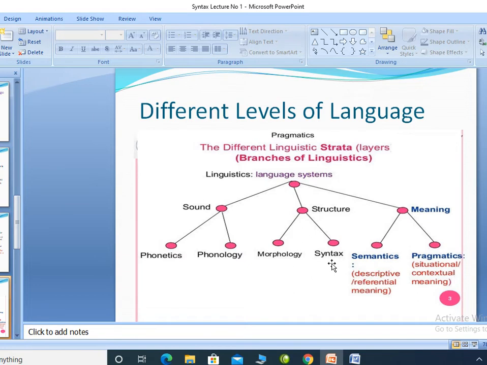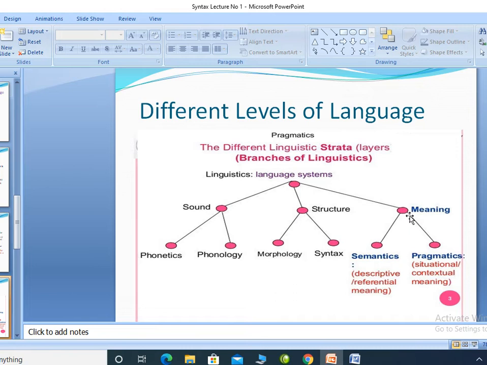All languages have underlying rules of syntax, which along with morphological rules make up every language's grammar. So grammar actually consists of two parts, right? Morphology and syntax. These are the basic elements of grammar. So syntax deals with the proper alignment of words, phrases, and clauses in a sentence.